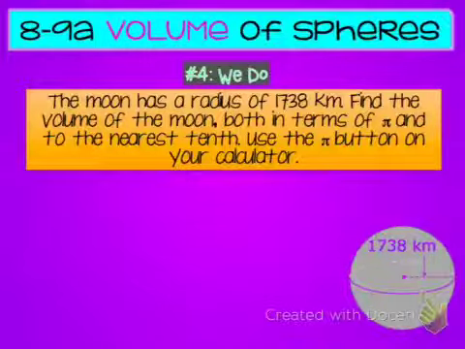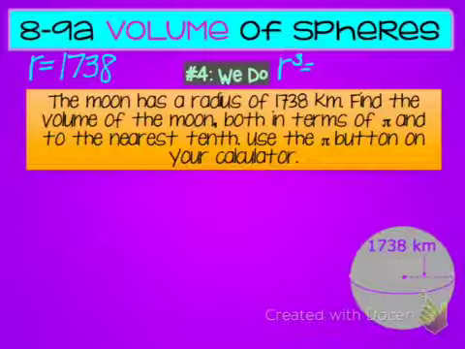Okay, number 4 is a we do, and it's a little tougher because it's got such a big number. This is the actual measurement for the moon. It has a real actual measurement radius of 1,738 kilometers, and that's a really large number. So they want us to attempt to find the volume of the moon to the nearest tenth, and this is actually going to be a lot of numbers.